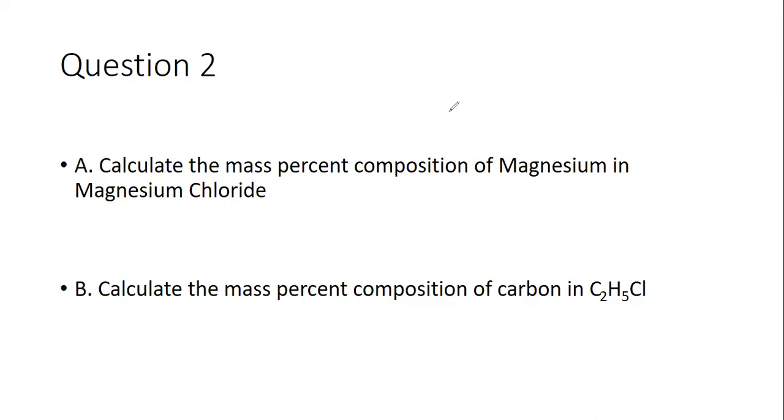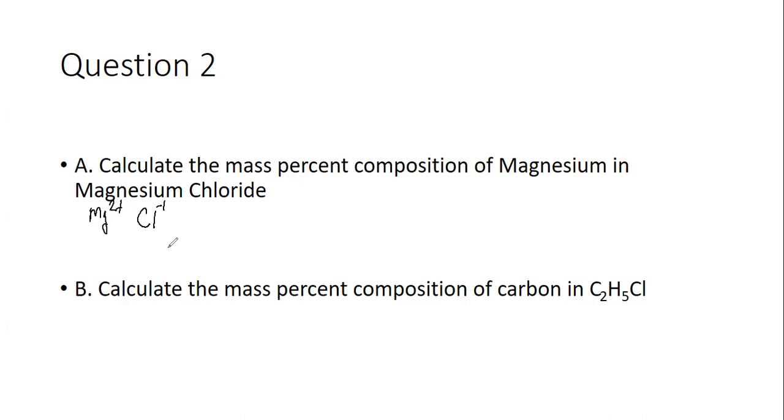All right, so to do this problem, you actually have to know what magnesium chloride is, right? So magnesium is element 12, and it has a 2+ charge because it's in column 2. Chlorine is element 17. It's a halogen, so it has a -1 charge.